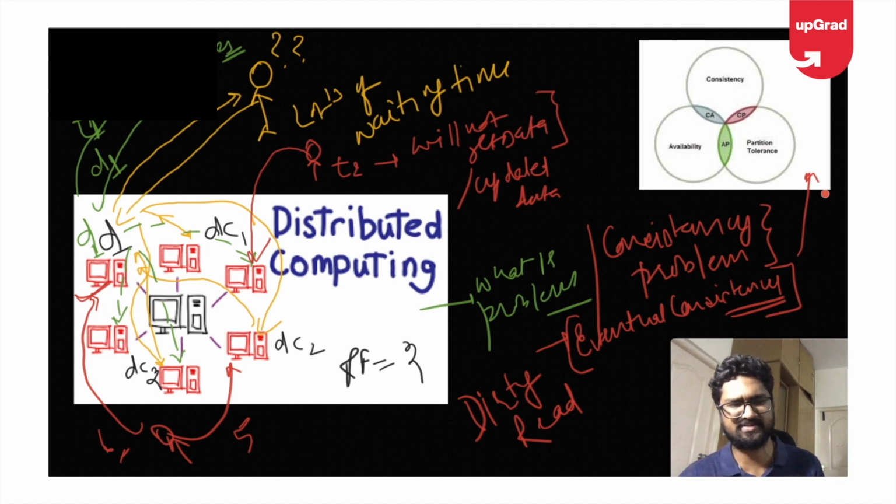If it is strong consistency, from the beginning every node will have the same data. If it is not strongly consistent, it will be eventually consistent, in which there will be some period of time until every node becomes consistent. If a user tries to read multiple times, they may get two different values, and that is the problem of dirty read.